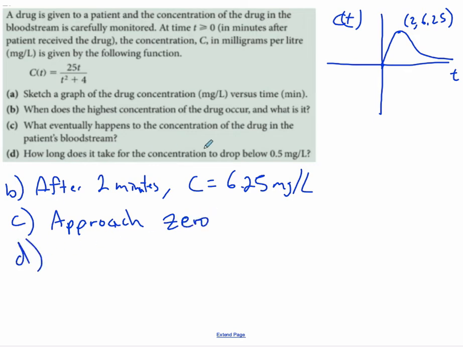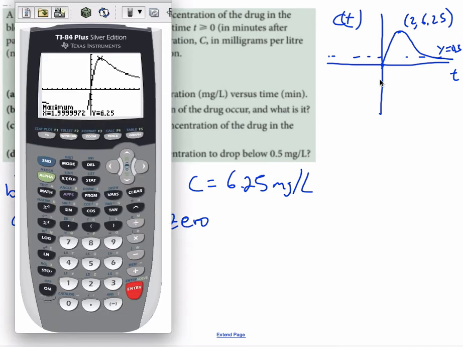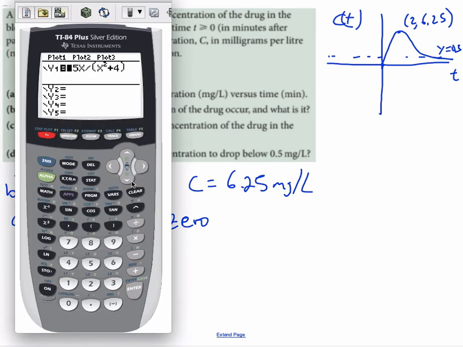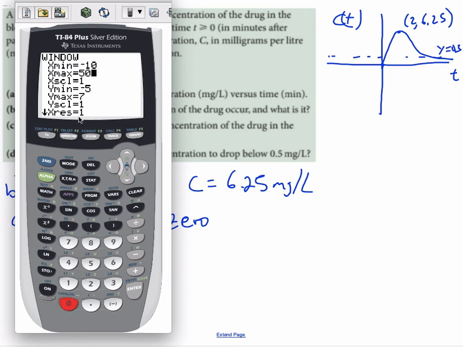And how long does it take for the concentration to be below 0.5? Well, we need to graph the line y equals 0.5 and find that point of intersection. So let's do that. I think I'll need to change my window. Change X max to be bigger because I didn't see it go down that far yet.